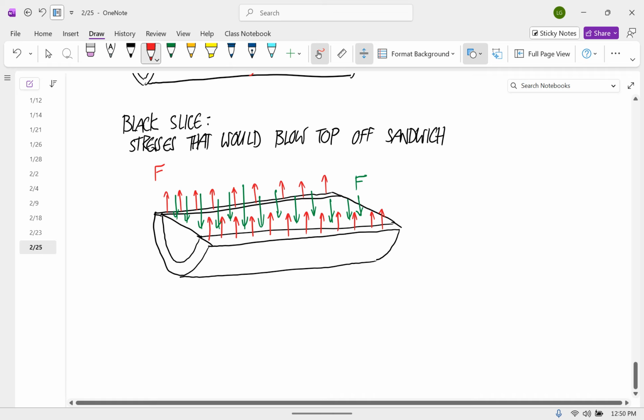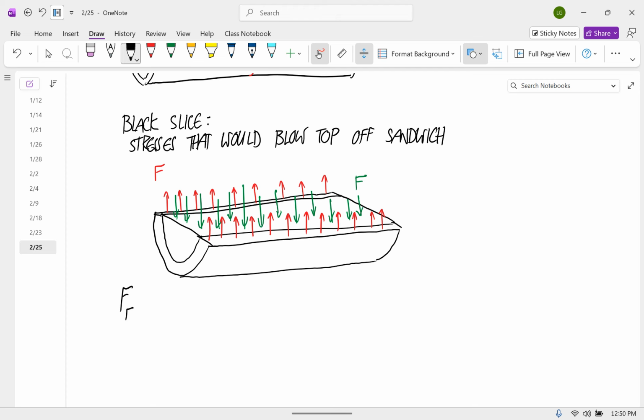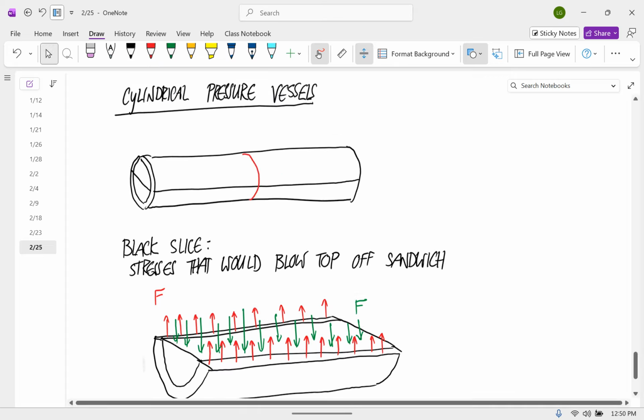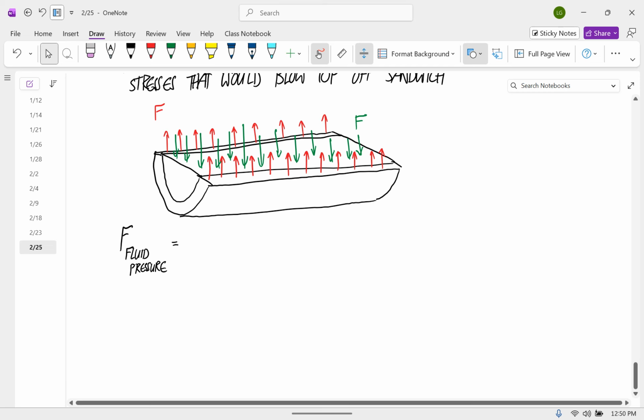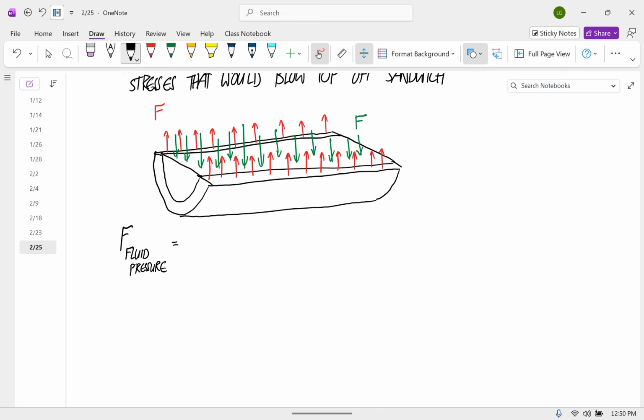So let's think about first the force from the fluid pressure. That force is equal to the pressure times the area. So the exposed area of fluid, that's just a rectangle.